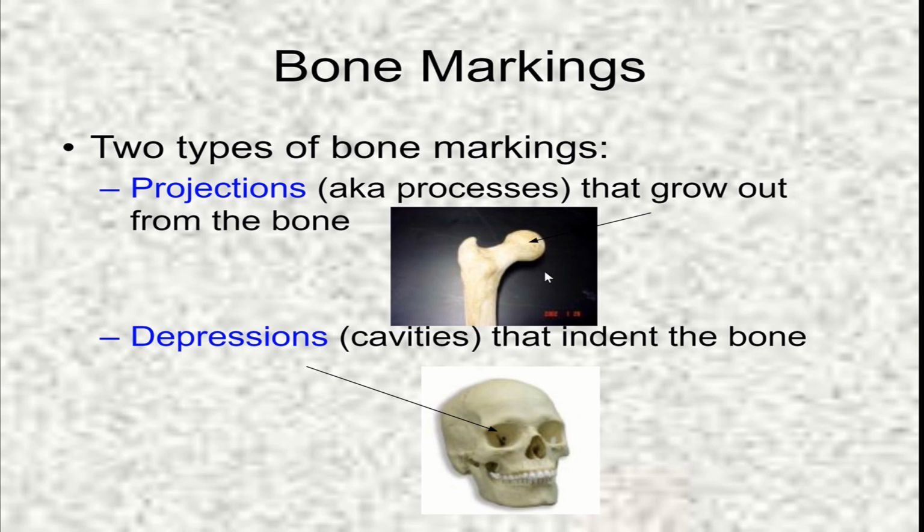And so in your notes, you're going to notice a big, long chart. And so we're going to divide this up into projections, and then we'll go over the depressions. And then in the projections, there's also going to be some subcategories to discuss.